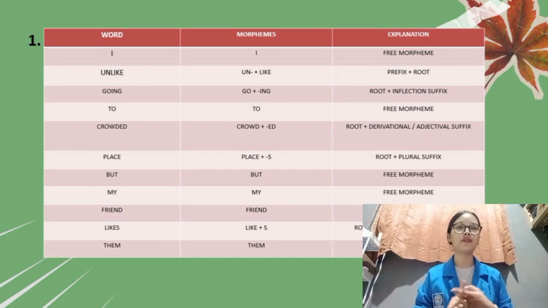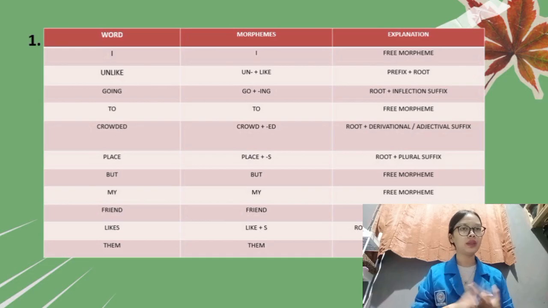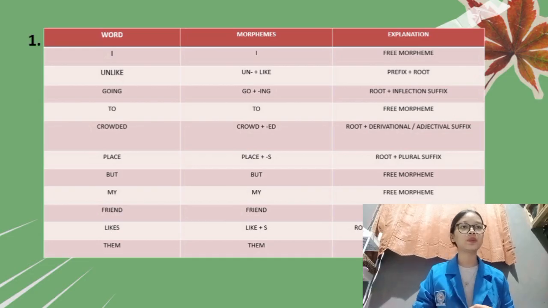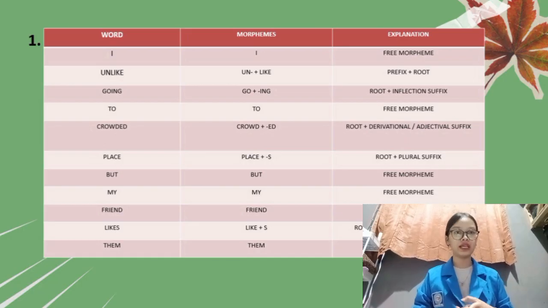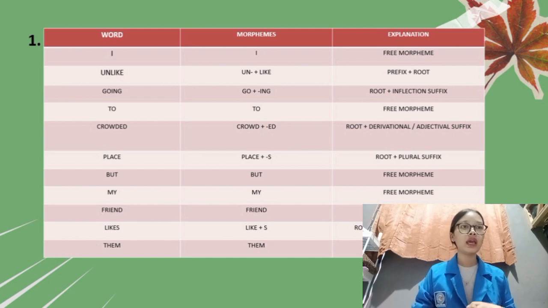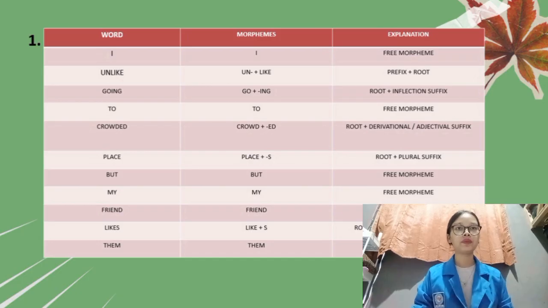Fourth, we have to. The morpheme is to. The explanation is free morpheme. The fifth is crowded. The morphemes are crowd plus ed. The explanation is root plus derivational or adjectival suffix.